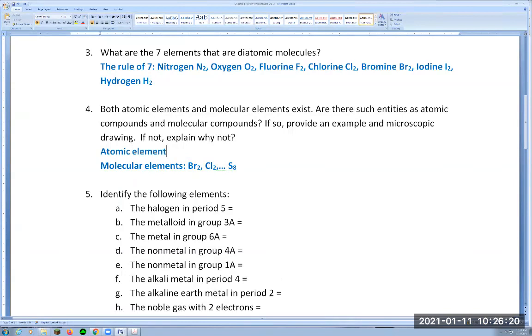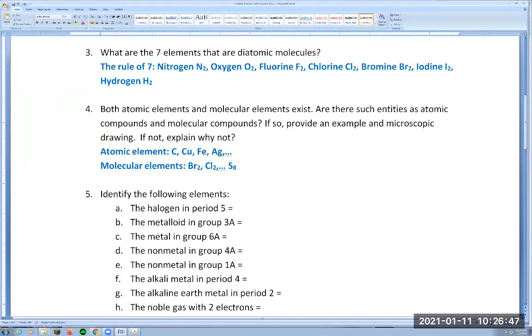And then the atomic elements are all the ones you see on the periodic table, like carbon, copper, iron, silver, all these elements that when you talk about them, it's just their single element, as you see it in the periodic table. So these are the atomic elements.